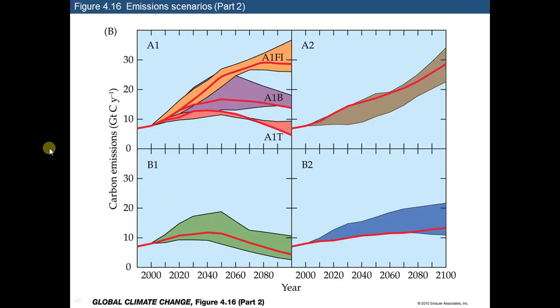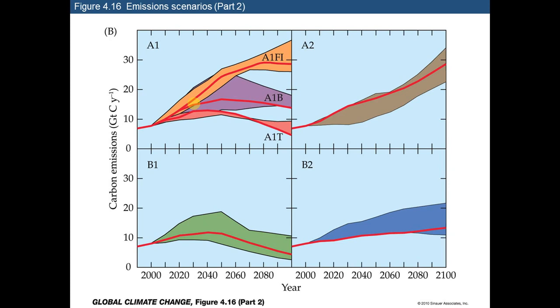So here are the 4 emission scenarios, and here are carbon emissions in gigatons of carbon per year from year 2000 to 2100. And A1, as you know, has 3 different sub-scenarios, A1FI, A1B, and A1T. Now the red line indicates the predictions for one certain run of the scenario.